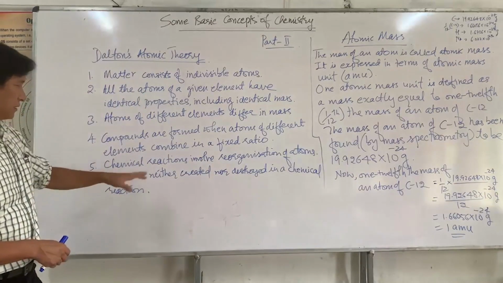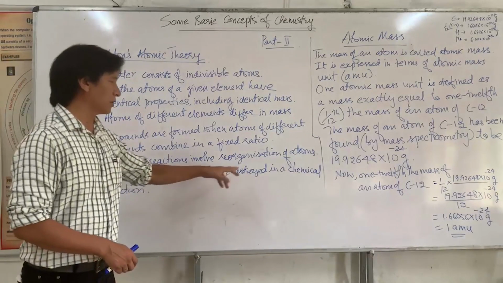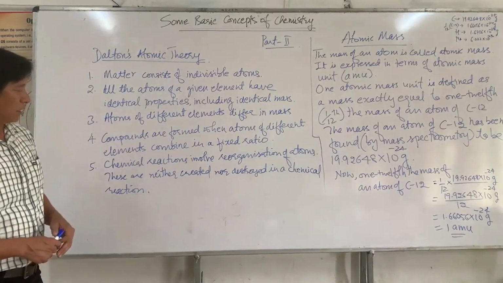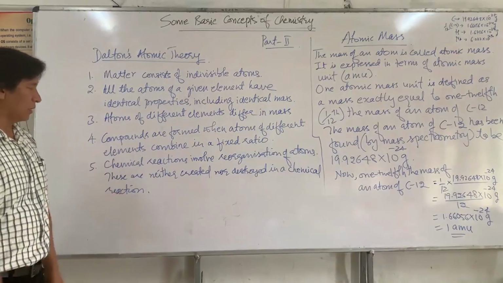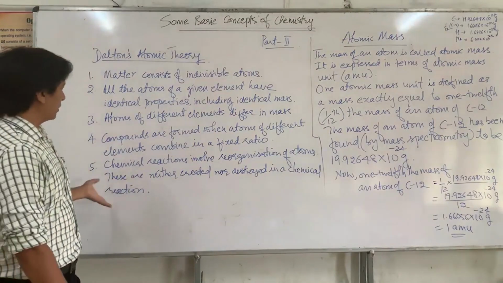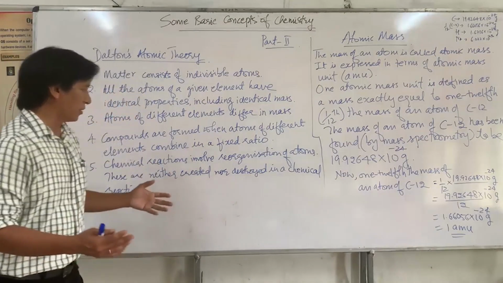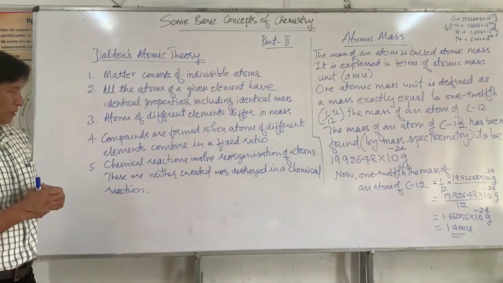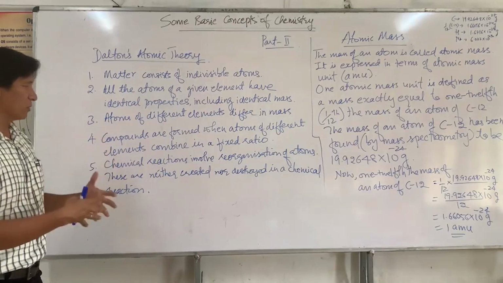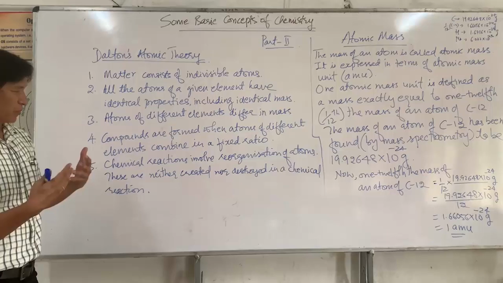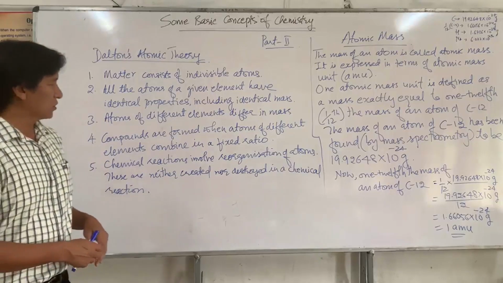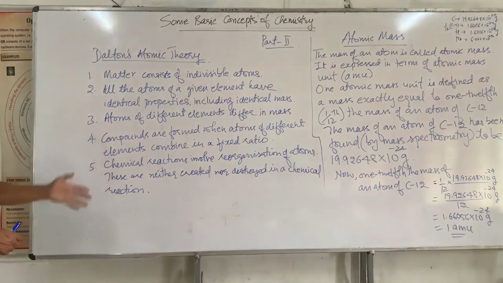And it says these atoms are neither created nor destroyed in a chemical reaction. Now this is again in accordance with the law of conservation of mass. But actually, Dalton's atomic theory says nothing about the bonds, chemical bonds that are there between the atoms that keep them together. Okay, so this is all about Dalton's atomic theory.